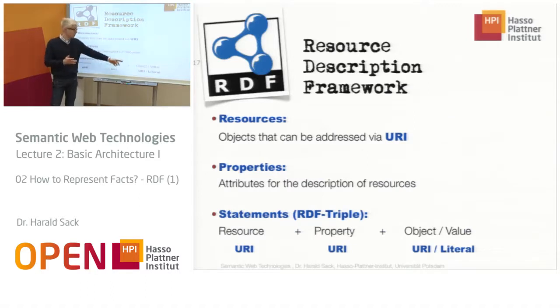Then it's a so-called literal. So RDF triples are composed of 3 parts: a resource, which is a URI, the subject; then a property, which is also a URI; and then an object, and the object might be a URI if we are referring to another resource, or it might be a literal when we refer to a string or to a value that has an associated data type.